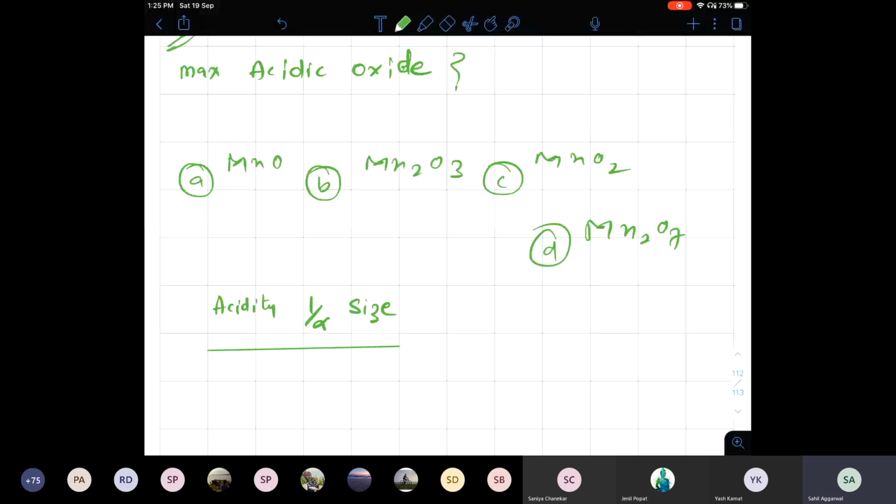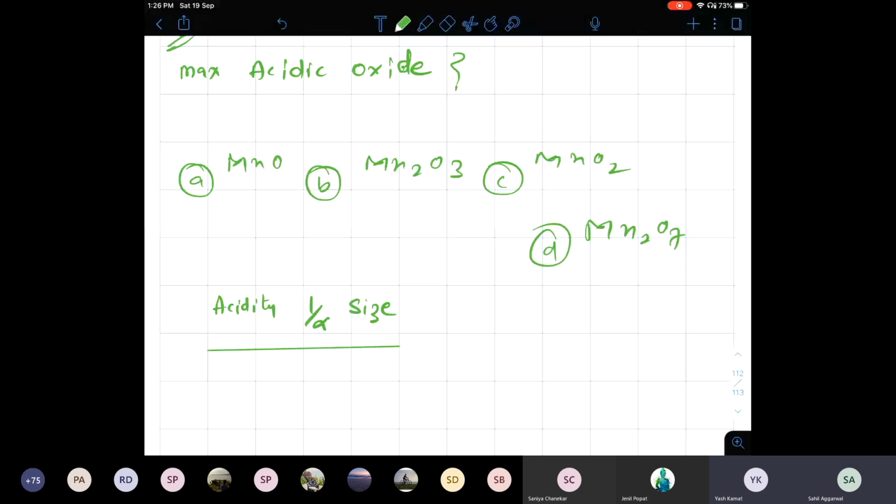Basicity is donation of electron and acidity is taking of electron. More the positive charge, more easily you can attract the electron. Attracting of electron, taking of electron is acidity. Donating of electron is basicity. Okay, sir.